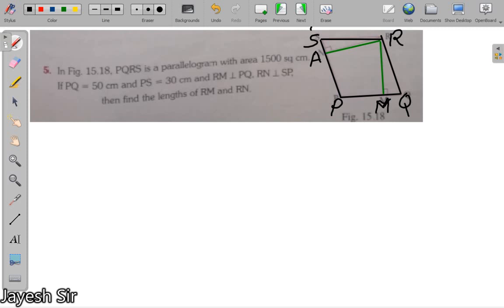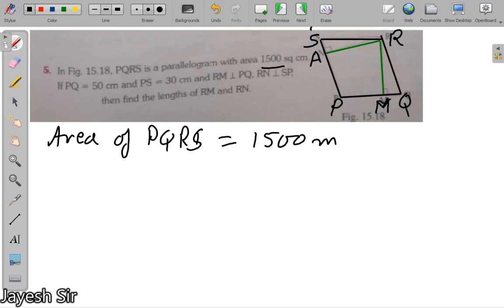Now area of this parallelogram is given to you. Area of PQRS is given to us as 1500 centimeter square. Also we are given the value of PQ as 50 centimeter.